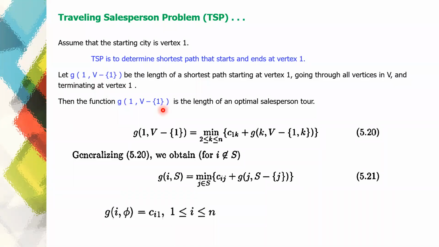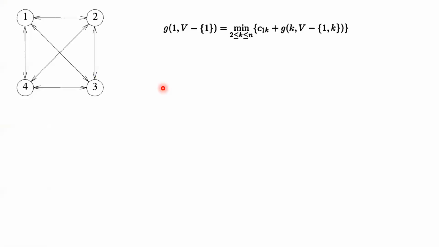Now, if I have to represent this, where I am considering that the starting city is 1, then I am going to represent this as the cost function G, where the starting city is 1, comma, what are the remaining vertices, the remaining cities through which the route has to be determined.